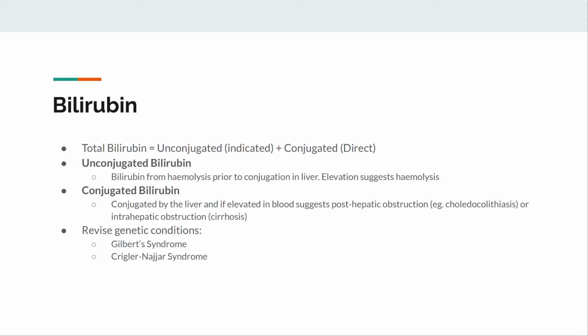The unconjugated bilirubin is the bilirubin directly from the breakdown of red blood cells before it's been conjugated in the liver. If it's really high, that suggests that there's a lot of hemolysis going on, so much so that the liver can't keep up and it's unable to conjugate all of that unconjugated bilirubin.